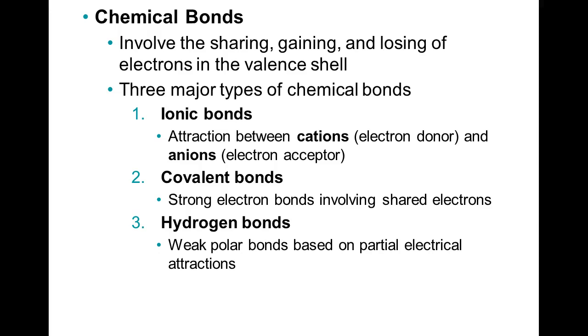But the ionic bonds, what happens there is you have maybe an element with a very highly charged nucleus getting together with an element with a comparatively not so highly charged nucleus, and one of the electrons of the weaker charge is going to be donated or given to the other element.